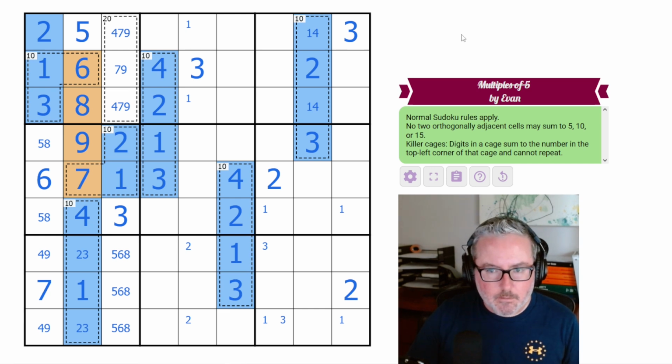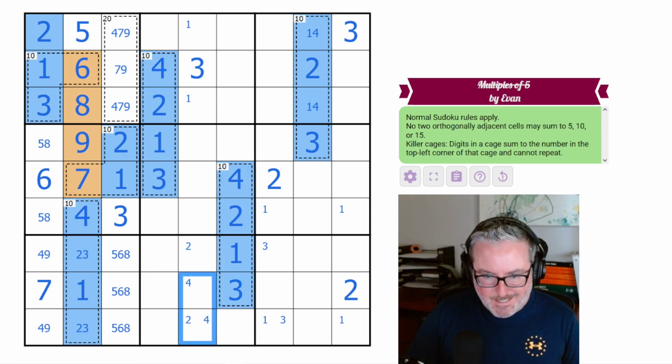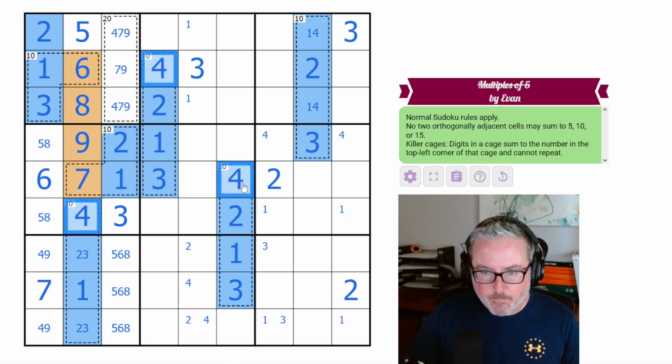What else do we have? That's 3's. Let's take a look at our 4's to see if we get anything fun happening there. This can't be a 4, so one of these two is. None of these can be, so one of these two is. Don't see a negative constraint with those 4's anywhere, though.